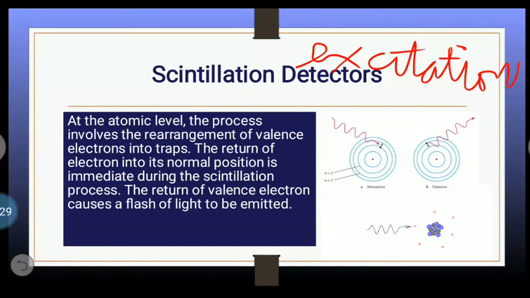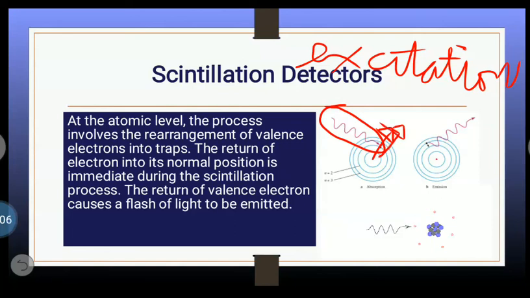Right? So when there is a radiation or a stimulus, this valence electron will be raised to a higher energy level. Remember the terms we used last time? We said there is the conduction band, imaginary, but we have the valence band. So if the electron receives a stimulus through radiation, it will be raised to a higher energy level.